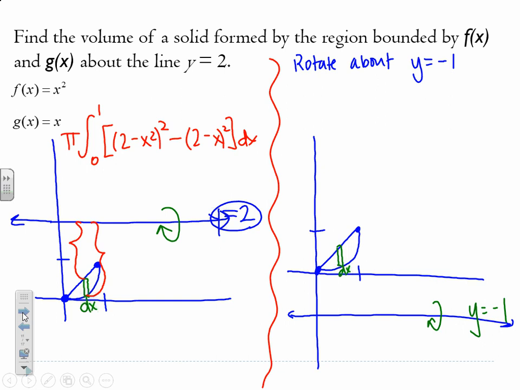Well, you take top minus bottom. So your outer radius is going to be like x is the top, and then y equals -1 is the bottom. So it'd be x minus -1. You switch them because now the square is closer to that.